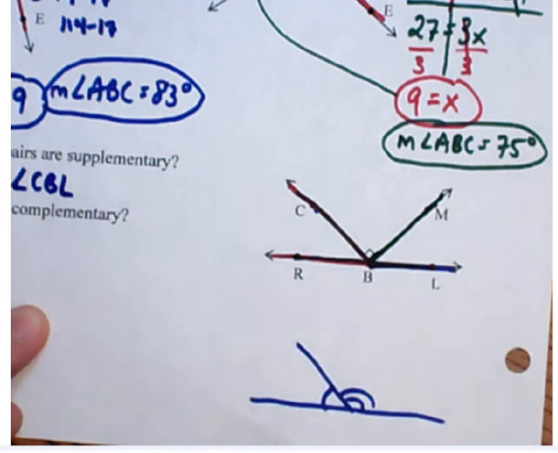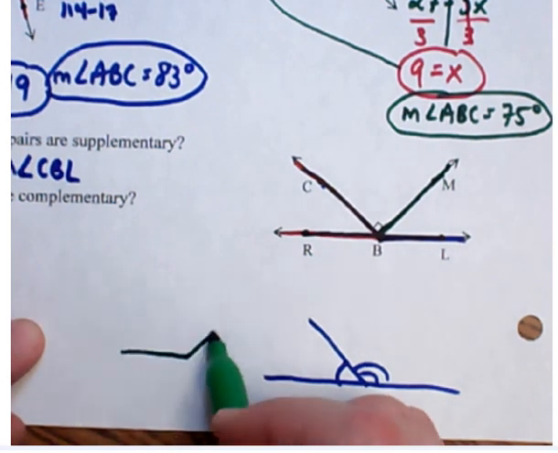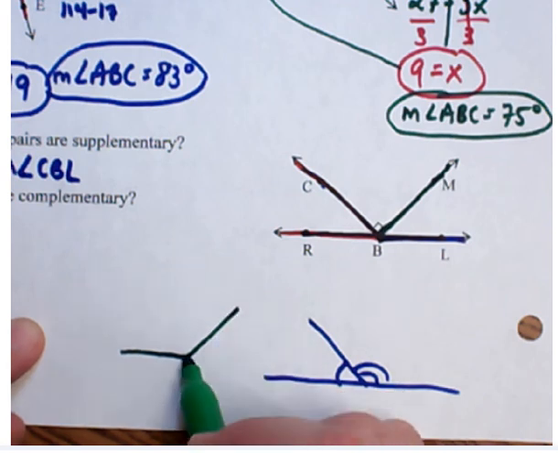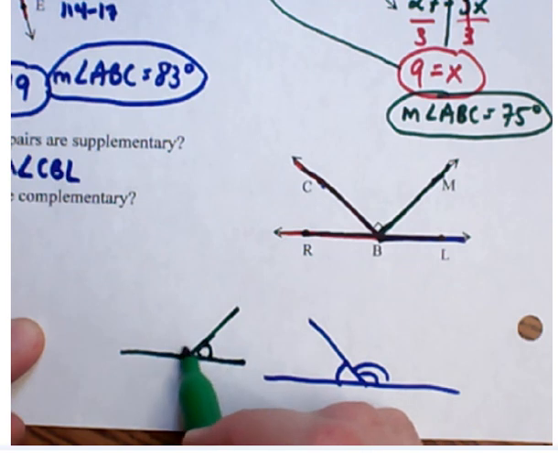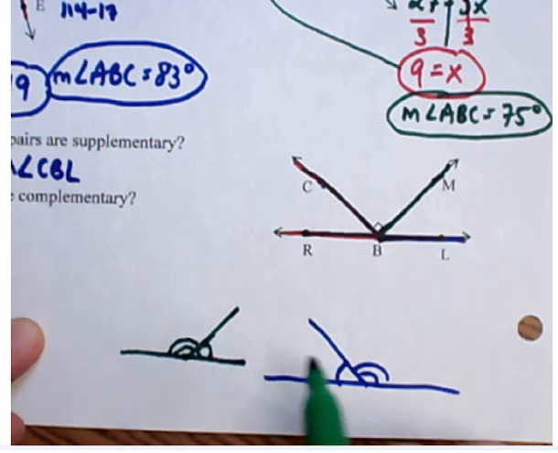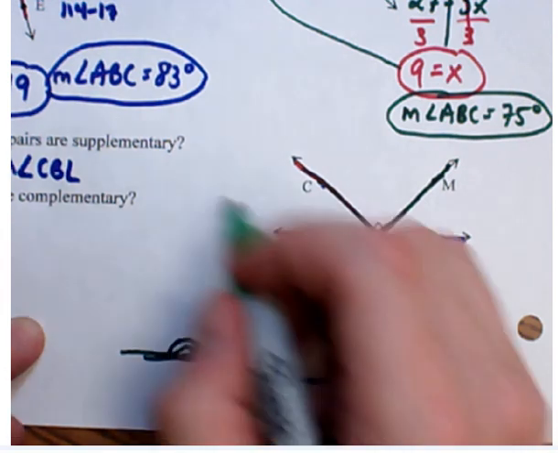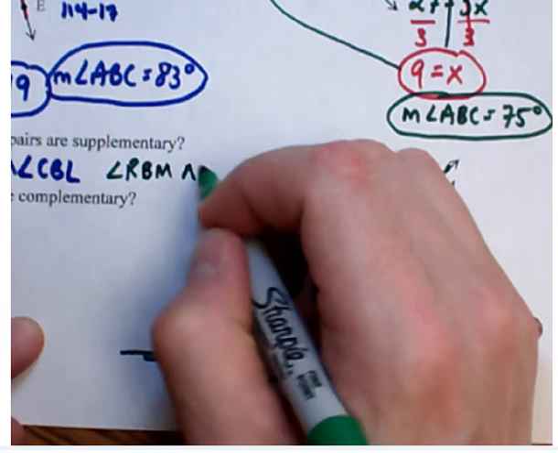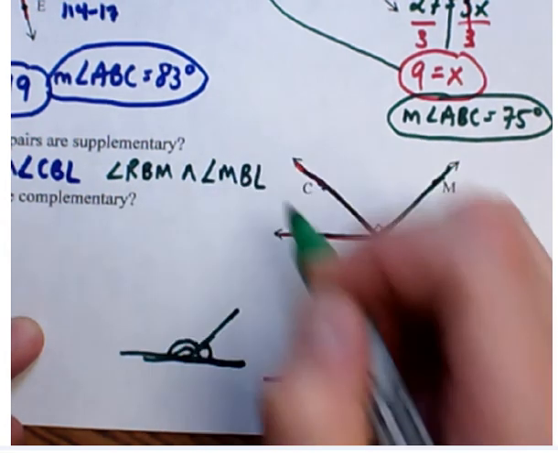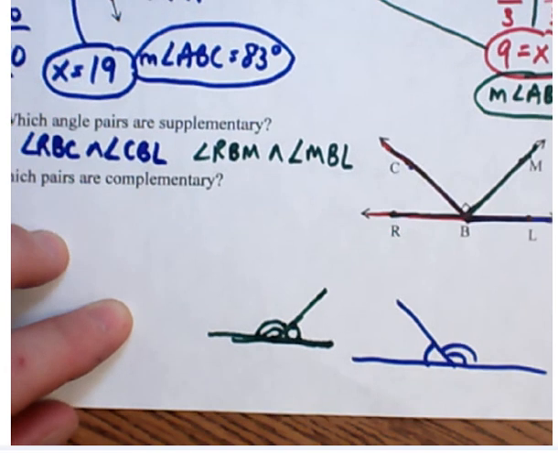Now I know that's hard to see, so let me draw it out. Angle RBM is here, and then MBL. Look, straight line at the bottom, that's 180. So angle RBM and angle MBL, those are supplementary. They would add up to 180 degrees.